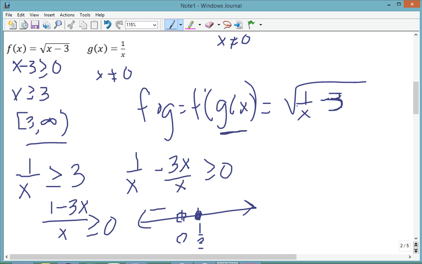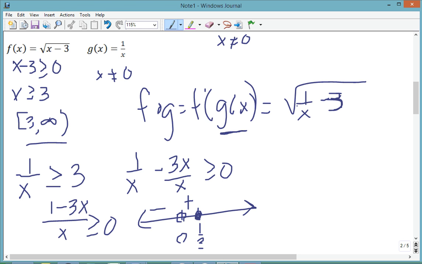It's kind of hard for me to tell this middle one, but if I choose just a small number like 1/6, that's a positive number on the bottom, right? And on the top, 1/6 times 3, that's going to turn out less than 1, and so it would be 1 minus some number less than 1, so that would be a positive number. I'd have positive over positive.